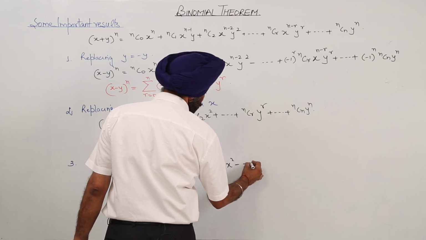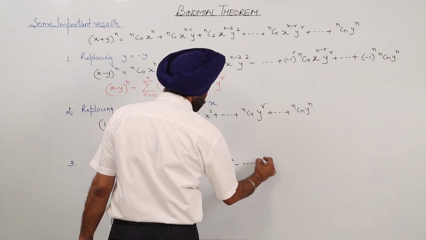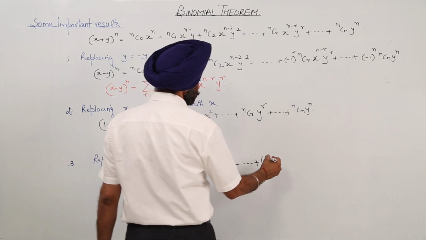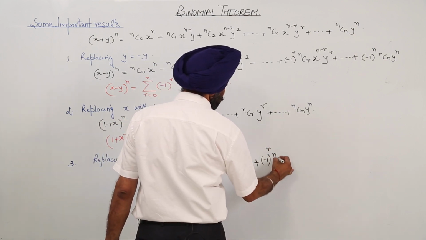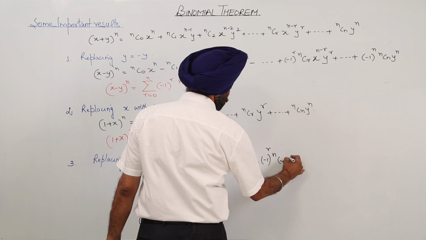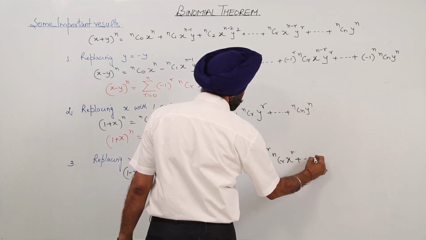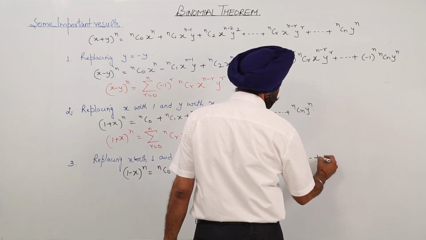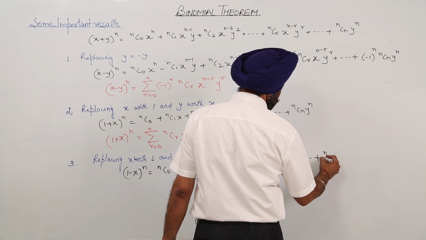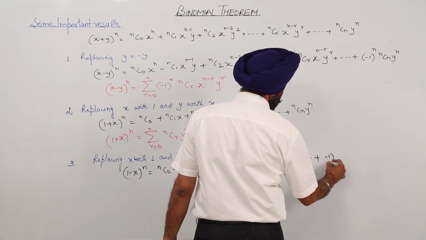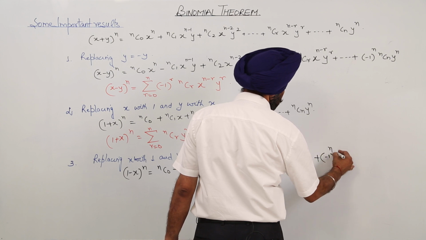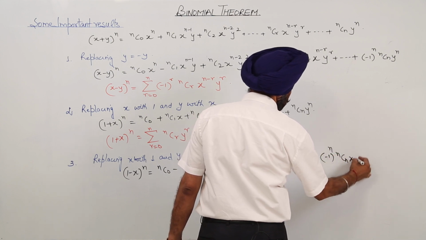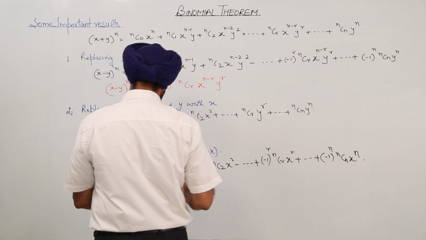minus, plus minus 1 raised to power r nCr x raised to power r, plus, sorry, here it will be minus 1 raised to power n nCn x raised to power n.